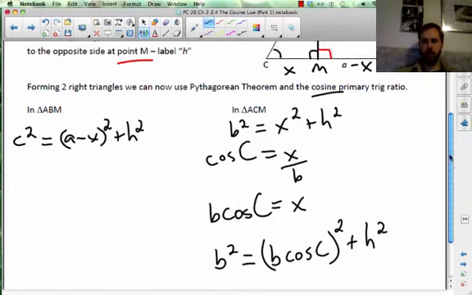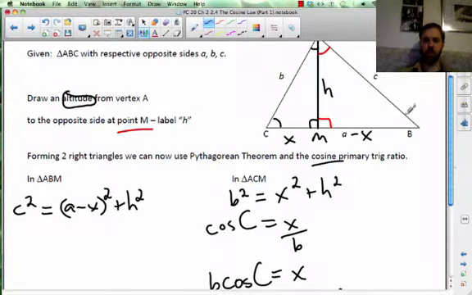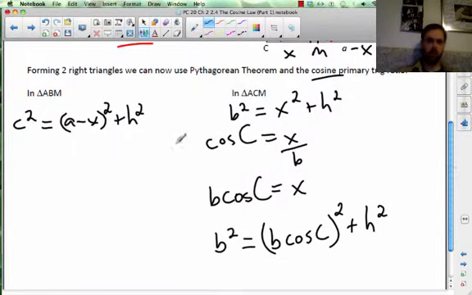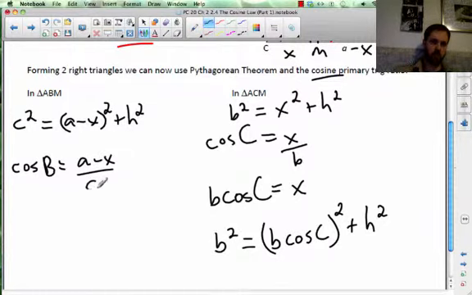Alright, and then the cosine of angle B is adjacent, A minus x, over hypotenuse, which is C. So cos B equals A minus x over C. Alright.